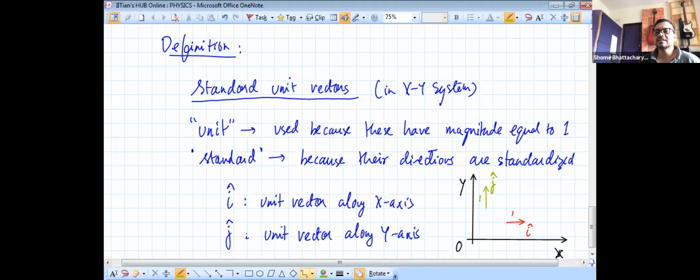So these are called the standard unit vectors or the standardized unit vectors. This and this, they are called the standardized unit vectors because they have this property that their magnitude is unity or 1 and their directions are standardized. Okay, so just make a note of this definition. So these collectively, these two, they are called the standard unit vectors.